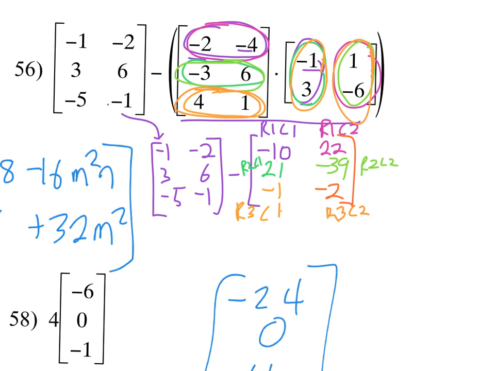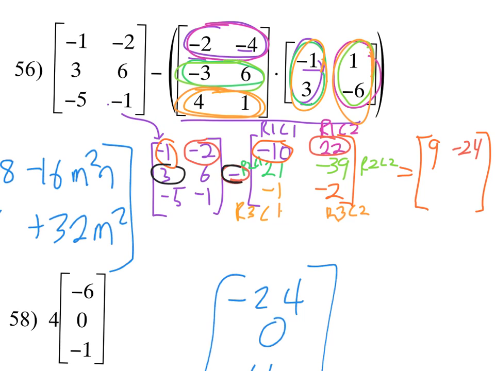That's fun. Okay, these are both still 3 by 2 matrices, 3 rows, 2 columns, which means that I can keep going. I can subtract these by subtracting the elements in the same position. Negative 1 minus negative 10 is going to be positive 9. Negative 2 minus 22 is going to be negative 24. 3 minus 21 is going to be negative 18. 6 minus negative 39 is going to be positive 45.